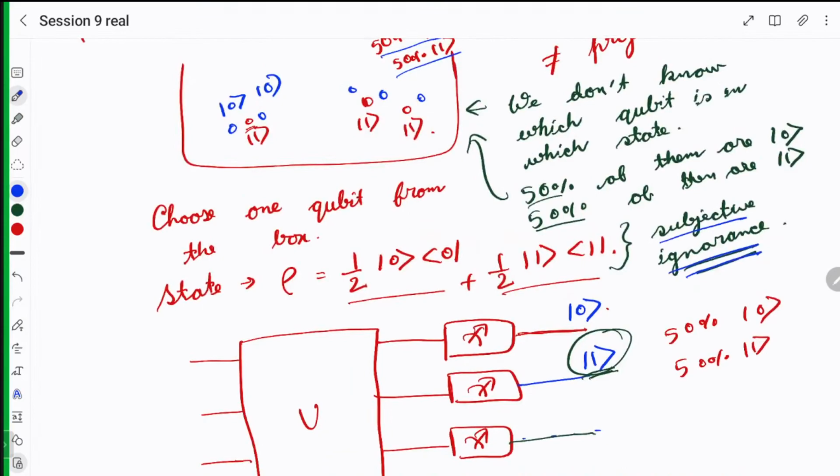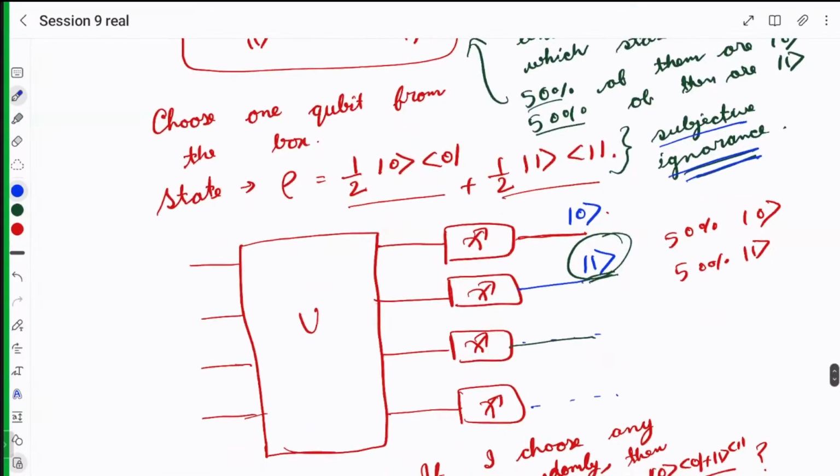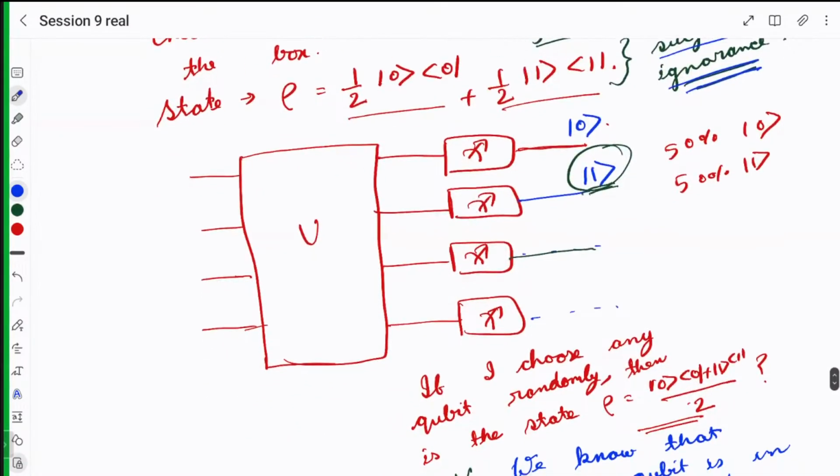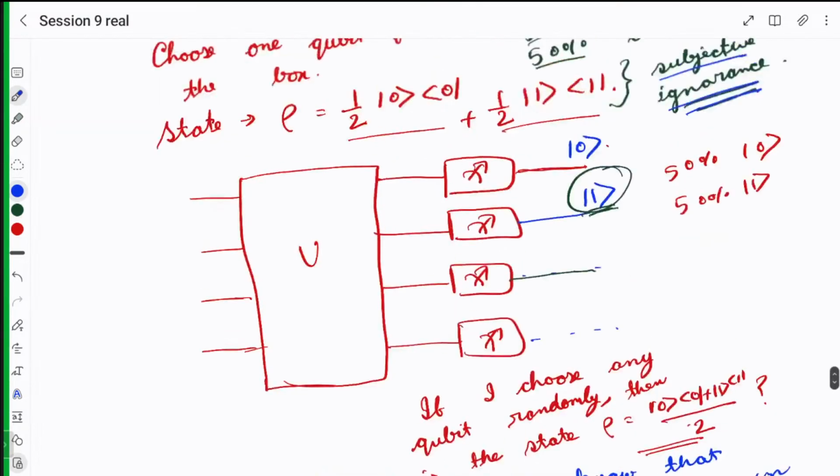So is this part clear? Is this concept of subjective and objective ignorance clear? And why we are taking density matrix, this concept of ensembles.